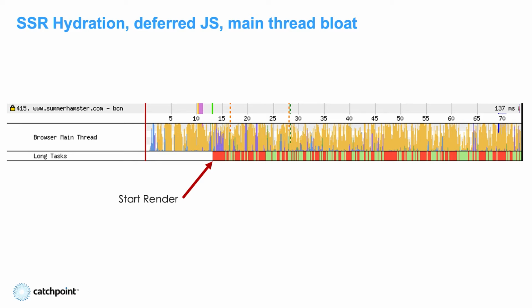It's probably CNN would be my guess, on a mobile device, where you can see the red blocks are where the main thread wasn't interactive. And for the vast majority of the first 70 seconds, even though content was displayed on the screen at 13 seconds, the page was busy, the main thread of the browser was so busy running JavaScript that it couldn't respond if the user were to try and actually do anything with the page for up to a minute after it got displayed.